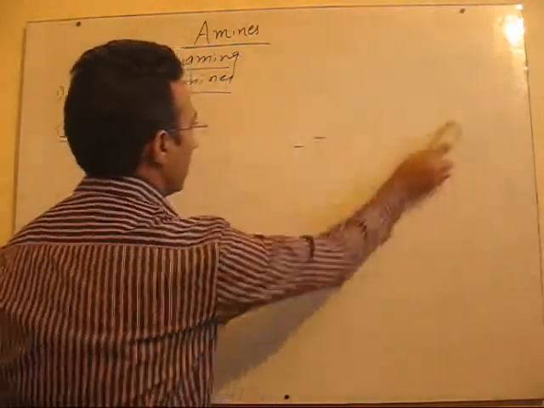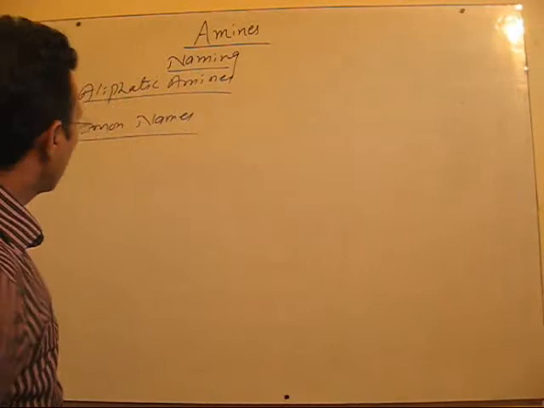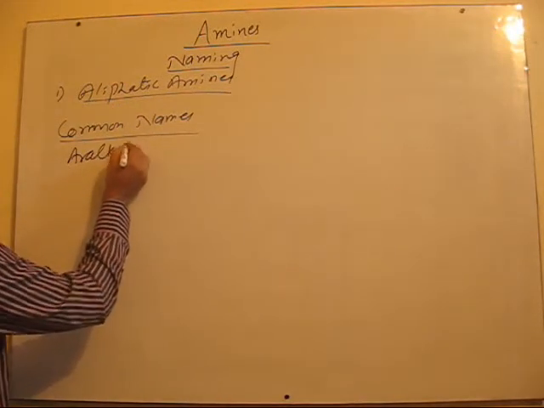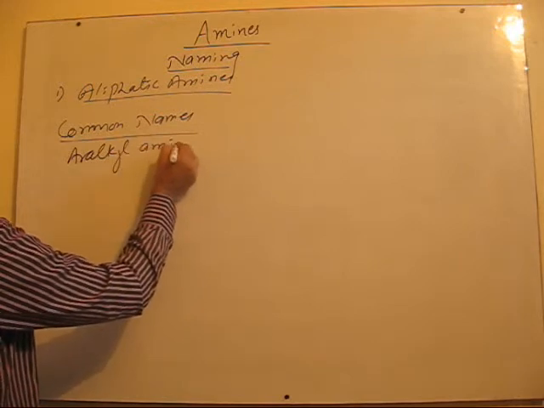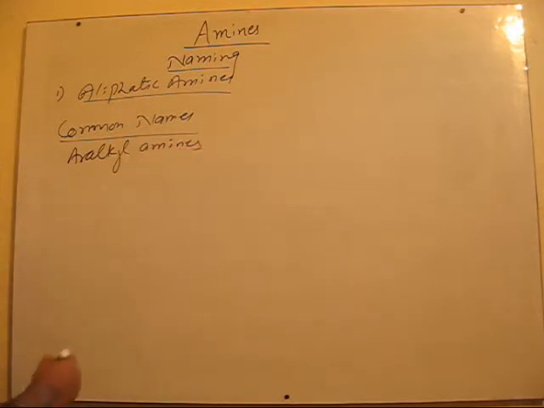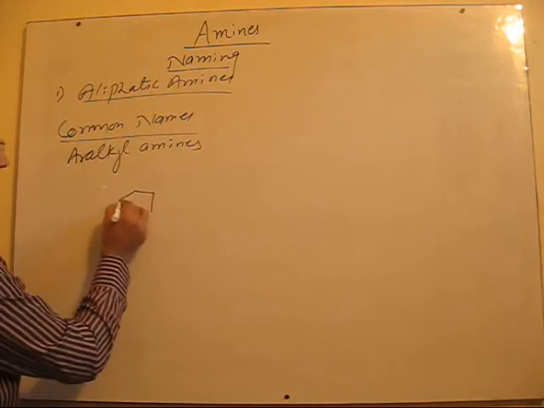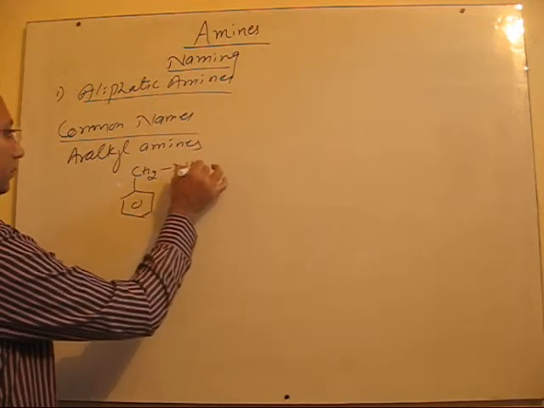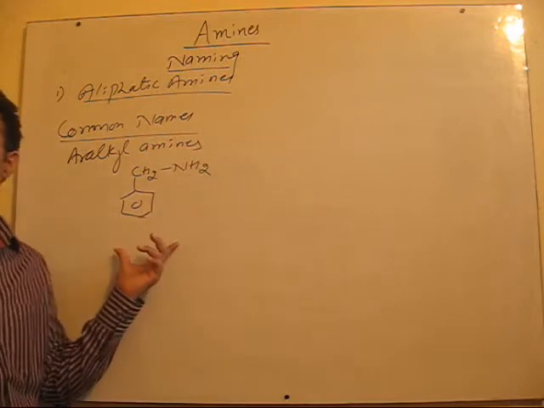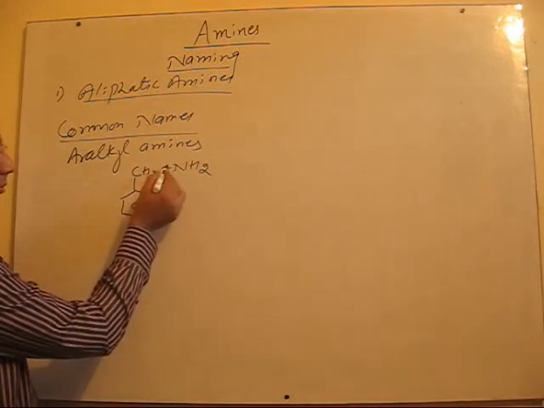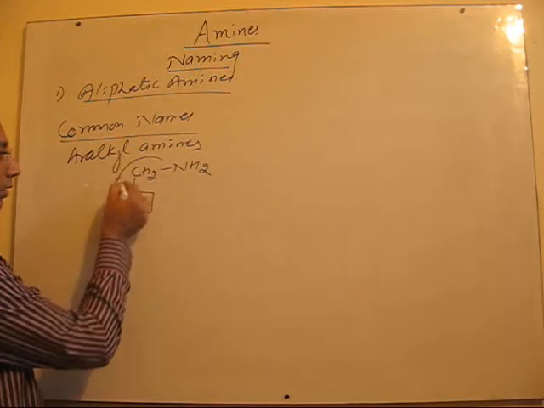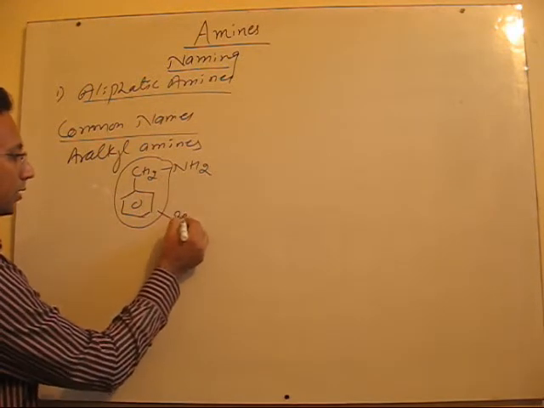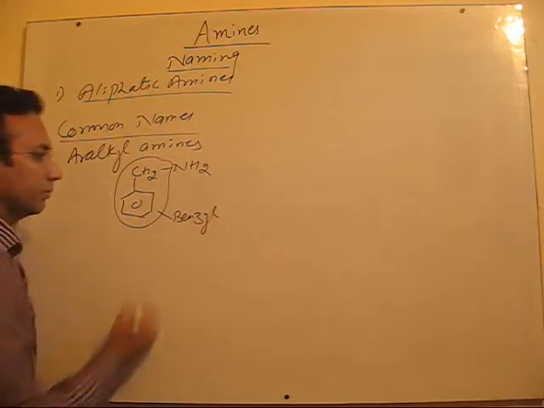Now let me take the common name for some alkyl amines. For example, the most common here is this compound. Now this compound is very important. In all the chapters you will see this group is benzyl.